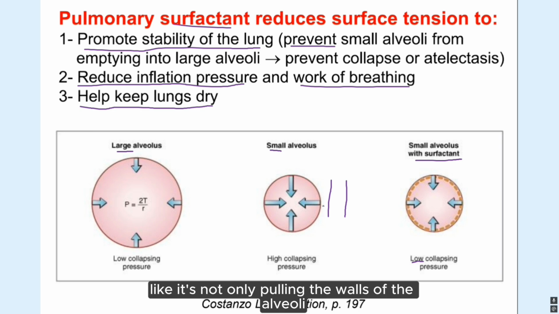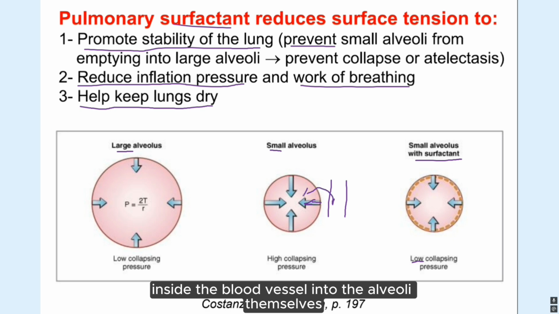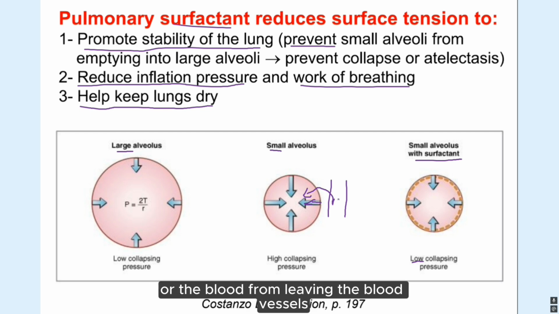So you can imagine it's not only pulling the walls of the alveoli, it will also somewhat pull the fluid from inside the blood vessel into the alveoli themselves, causing pulmonary edema. So by adding surfactant, you are reducing the pulling force and you're stopping the fluid from leaving the blood vessels and entering the alveoli. This will keep the lungs dry.